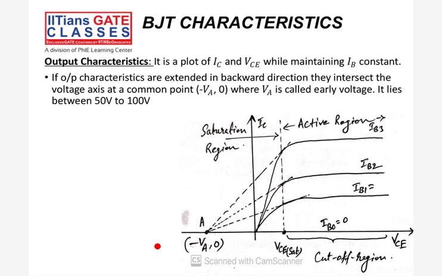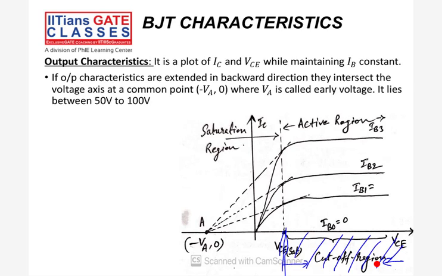So in cutoff region, the graph where IB is equal to 0, and to the right of this VCE saturation line, this is the cutoff region.